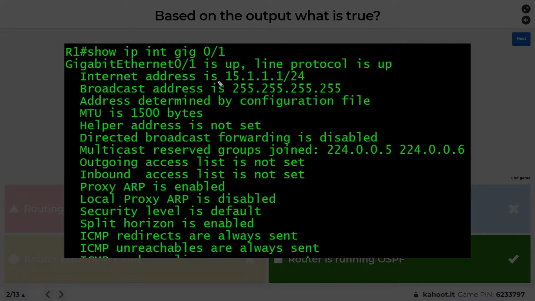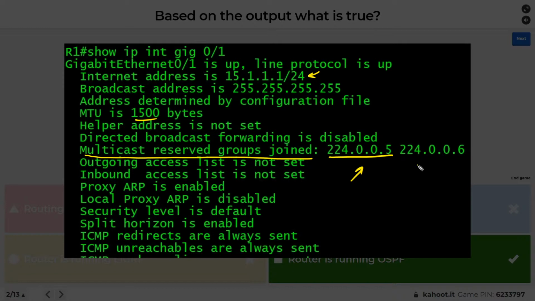I know that it has an IP address. That's it right there. I know that the MTU is 1500 bytes. Fantastic. I can see here that it's joined some multicast groups. Now, computers with IPv4 don't just join multicast groups for fun. There's an application or something that's going on. And 224.0.0.5 is the multicast group that all OSPF speaking routers join.